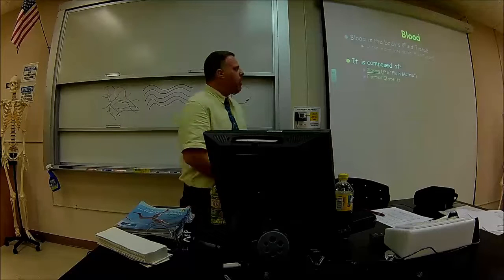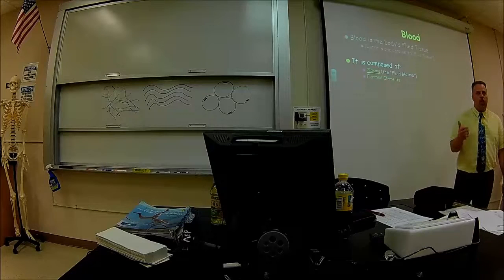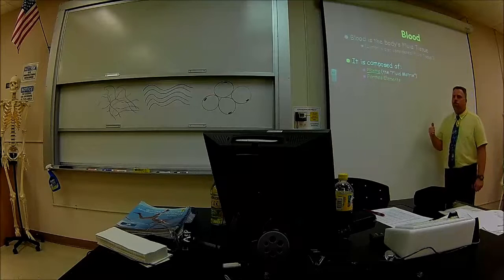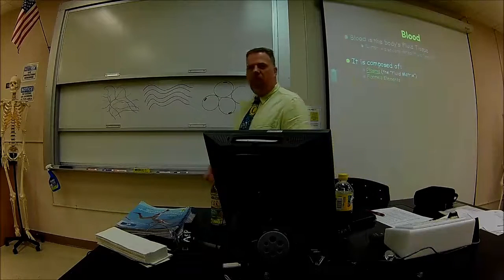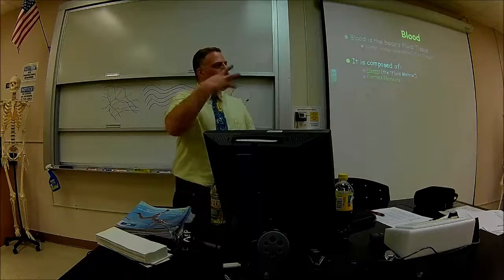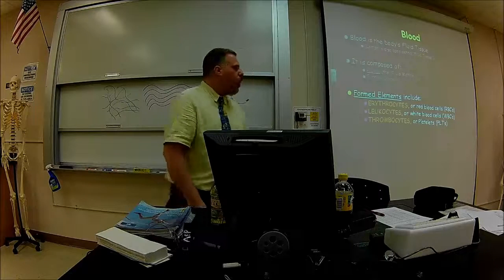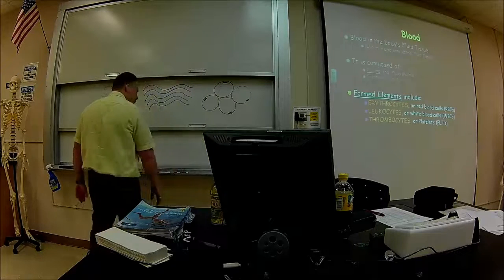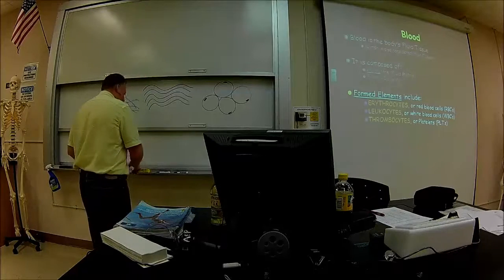It's composed of plasma, which is the fluid matrix, by the way, when we're talking about blood. And it has what we call formed elements, the solid parts. There's 3 formed elements. Erythrocytes, which are red blood cells known as RBCs.